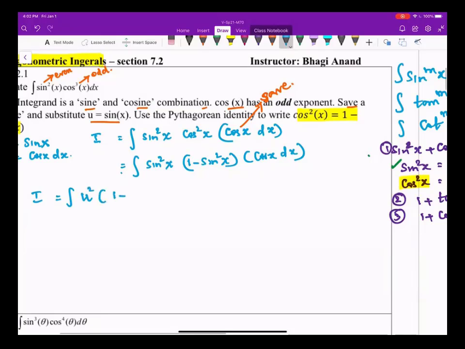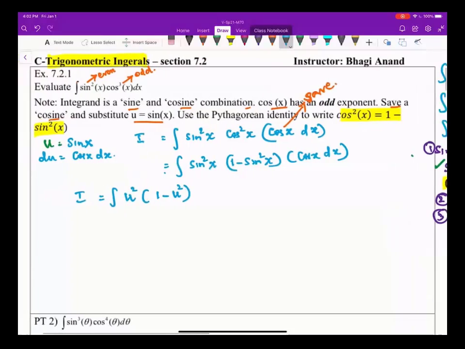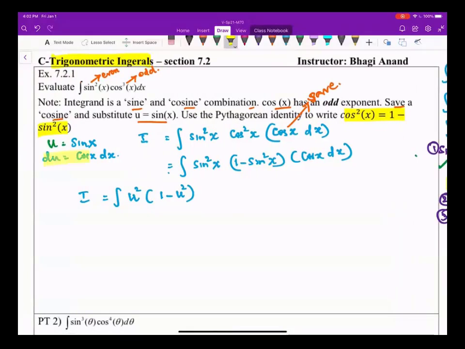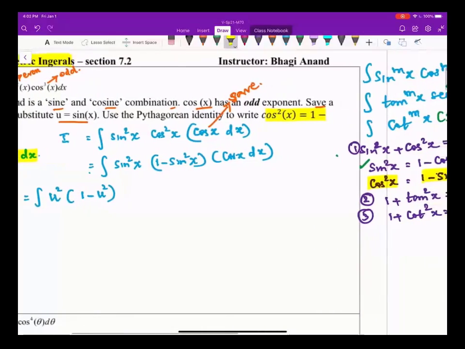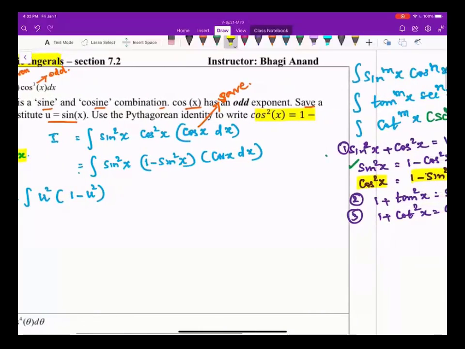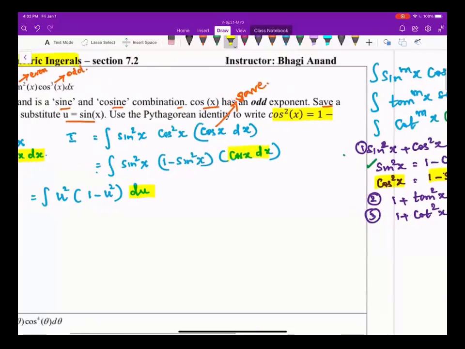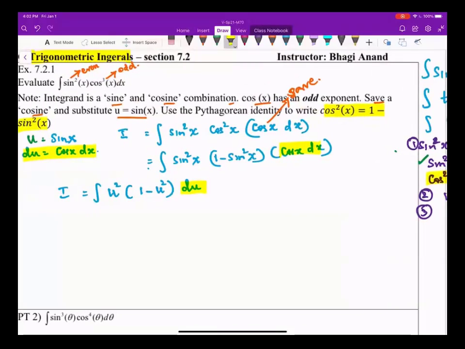Then we have 1 minus sine square, that is 1 minus u square. Then we have cosine x dx, which equals du. So substitute du. Now it's easy to integrate. Distribute the u square, which gives u square minus u to the power 4 du.